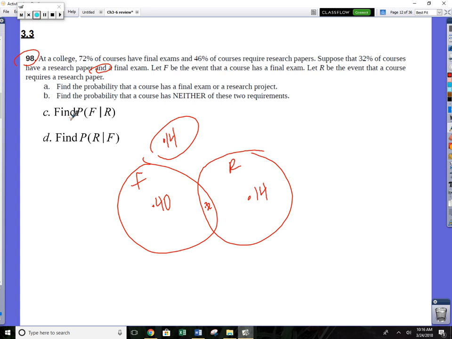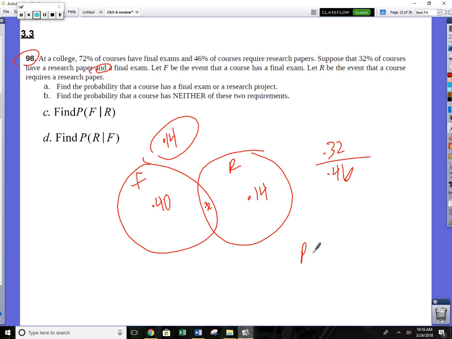Okay, find the chances of F given that it's R. So now you're only looking in this R region right here. So in the R region, the chances of it's F is 0.32 out of, in this entire region, there's 46%. So 32% out of 46%. And let's do it. I mean, I think it's easier looking at the Venn diagram, but let's do it just with the formula. Okay.